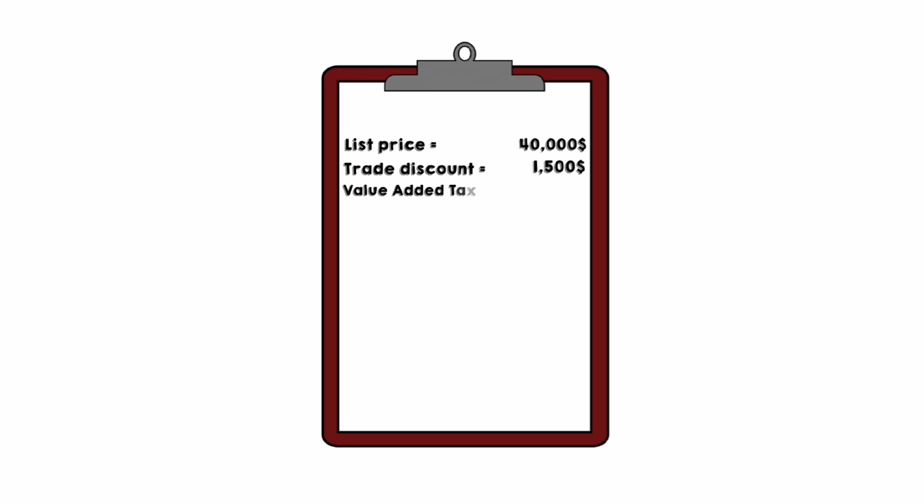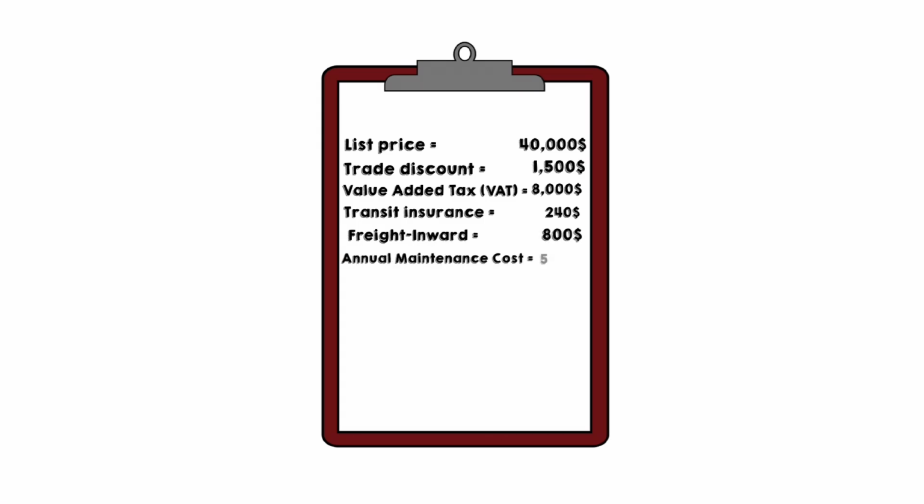Value added tax (VAT) $8,000. Transit insurance $240. Freight inward $800. Annual maintenance cost $5,500. Installation charges $2,400. Estimated scrap value $3,800. Calculate the cost of acquisition of the machine.